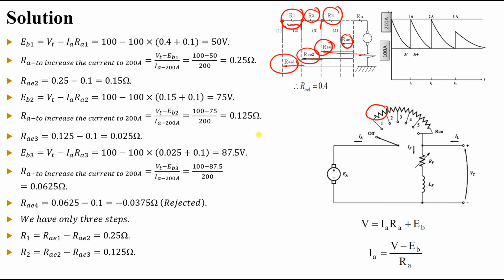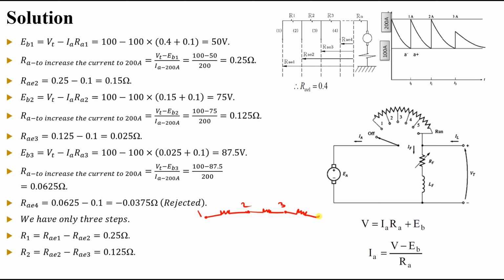So let me draw these steps for you. We have 1, 2, 3, and the run position, and between them there is a resistance.